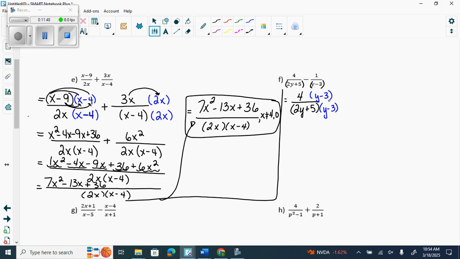And will I have common denominators when I have those two brackets side by side? Yeah? So would distributing them make it better? No. So I'm going to just rewrite that, and then minus 1 over y minus 3. And then I multiply by 2y plus 5. So can you tell me what would possibly be the next step?